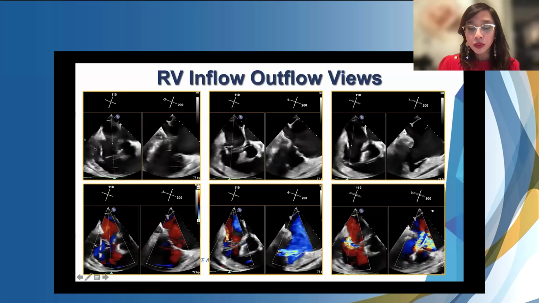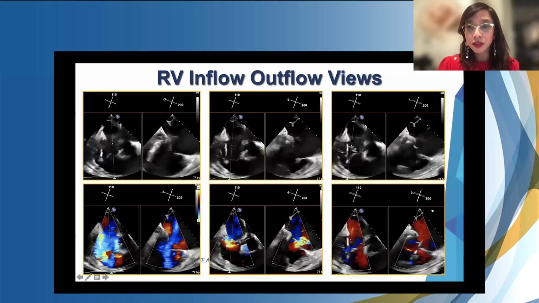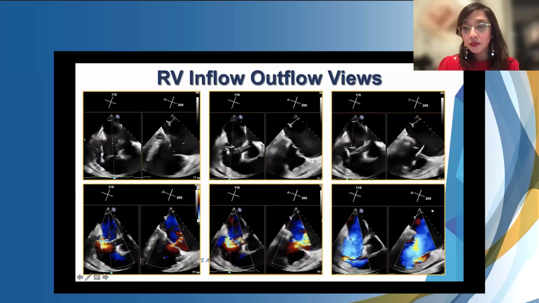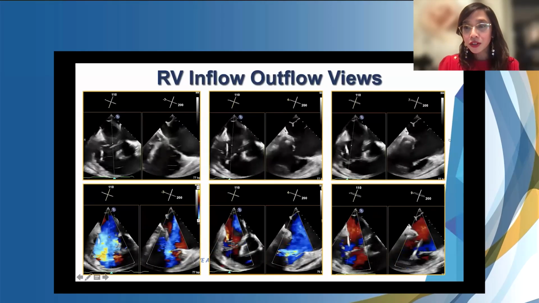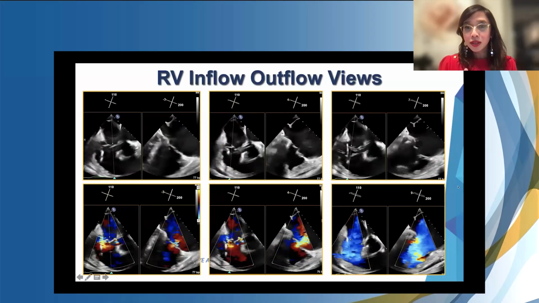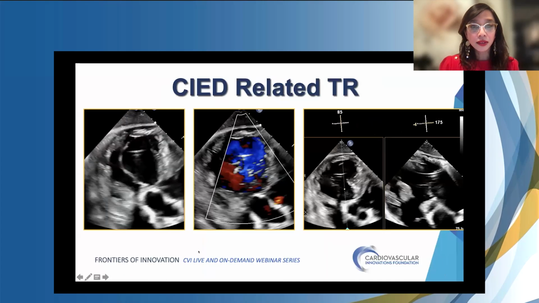So you can see there a large PISA on the color Doppler on the bottom. On the right-hand side, towards the lead, certainly you can see the RV lead there and also the TR jet around it. Like I mentioned in the earlier slide, you want to see the grasping view for sure to see where you can tackle this case.